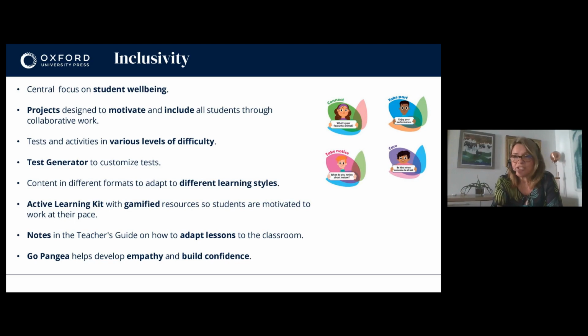There are notes in the teacher's guides on how to adapt your lessons to the classroom. There's also a specific page relating to special educational needs. And we also have a new component called Go Pangea, which helps develop empathy and build confidence. And this is another new digital component that we'll find out more about in a minute.